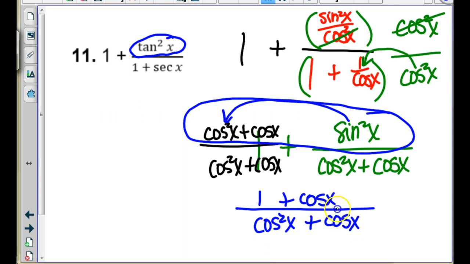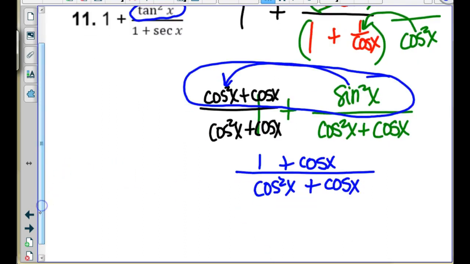Now, can I cancel something here? Nope. There's pluses and minuses gluing stuff together. But what can I do in the denominator, guys? If I keep the top this, anybody know what I could do to that denominator? No, because it's plus, not times.